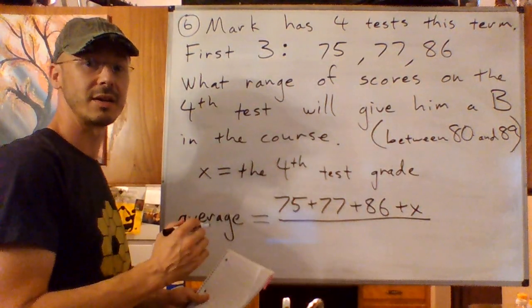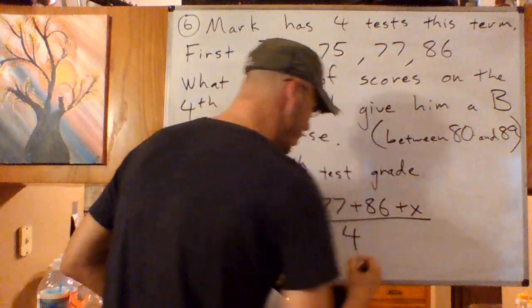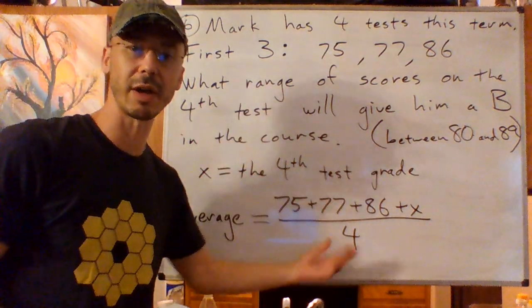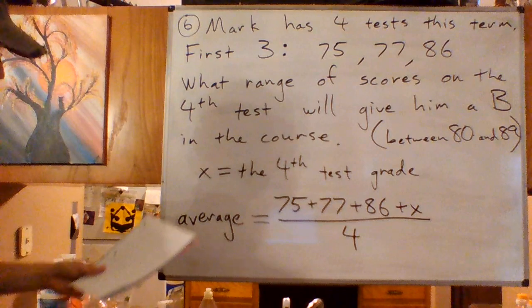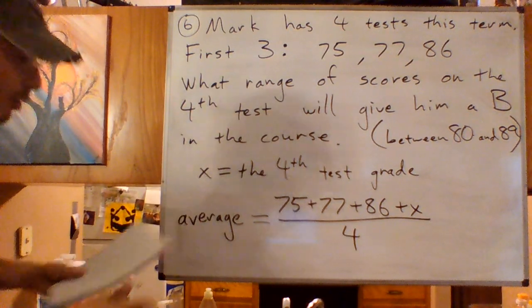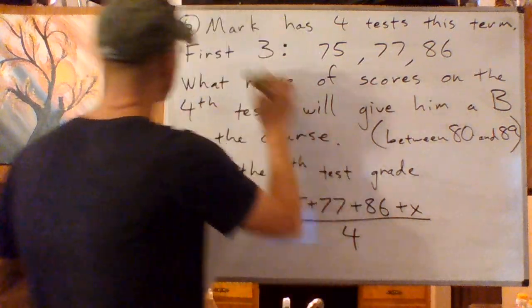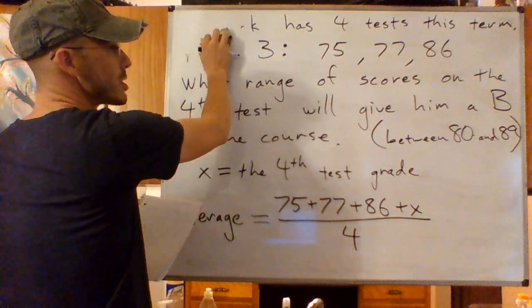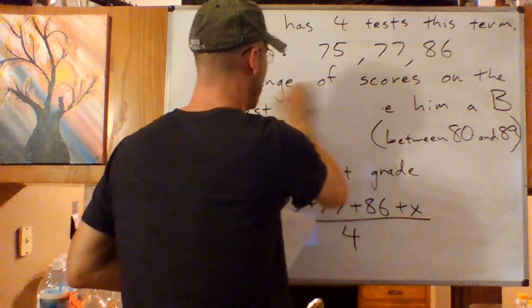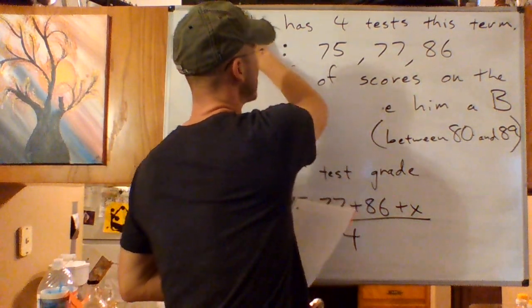Divided by 4. The average of 4 numbers is the sum of the 4 numbers divided by 4. All right. Okay, with that, I'm going to build the inequality that describes this. I don't want to erase the critical information.